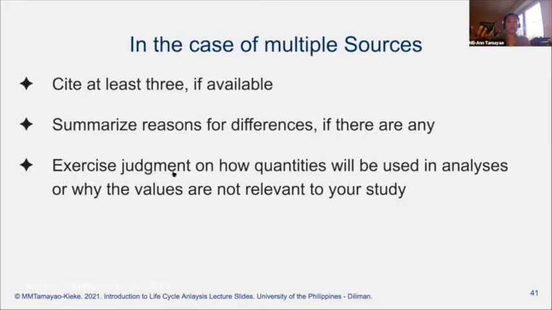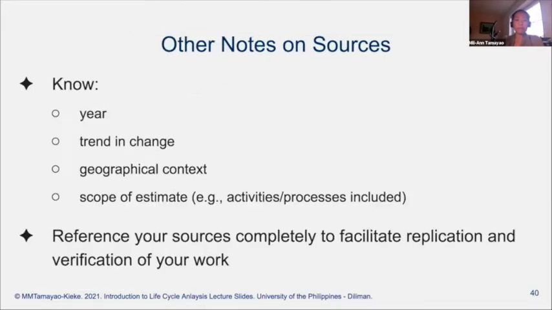in the case of multiple sources, so say you're doing a literature review on, say, life cycle analysis of coal power plants, and you were able to find several sources, you have to cite at least 3 if available, okay? You have to summarize the reasons for differences. So maybe some of the reasons for differences are these things, no?